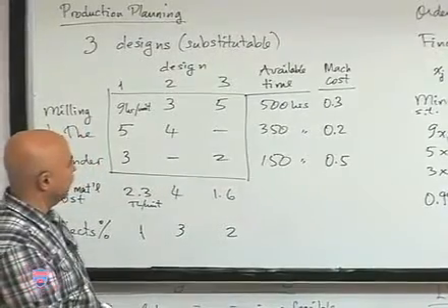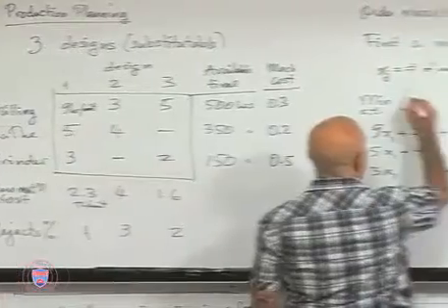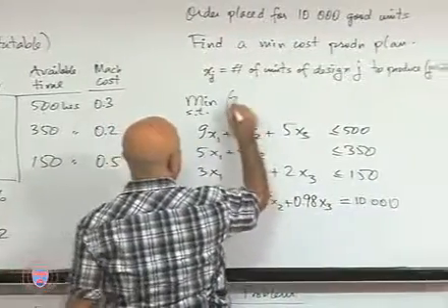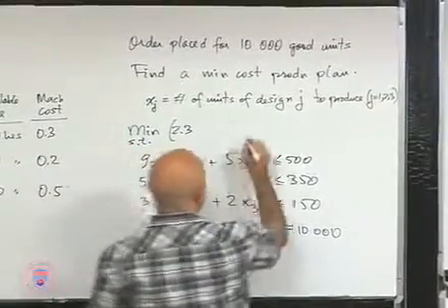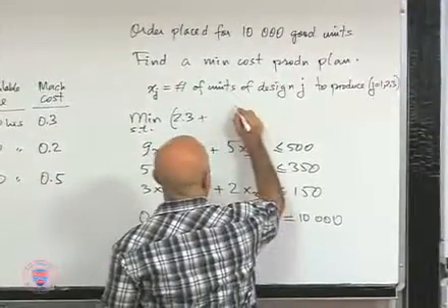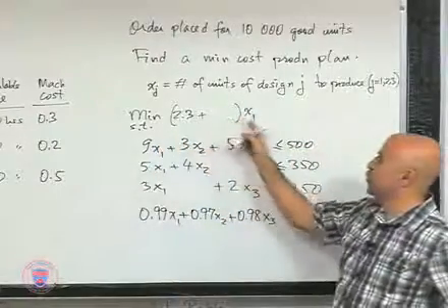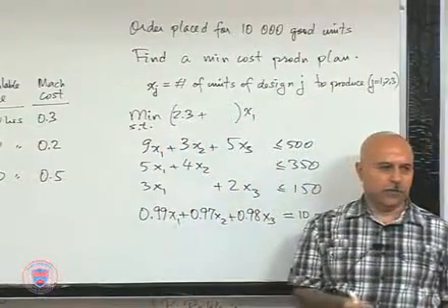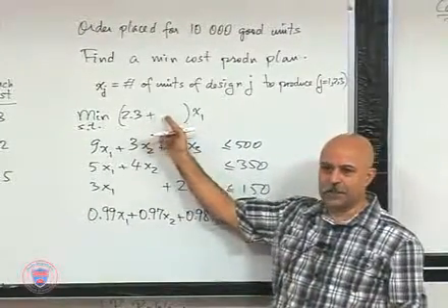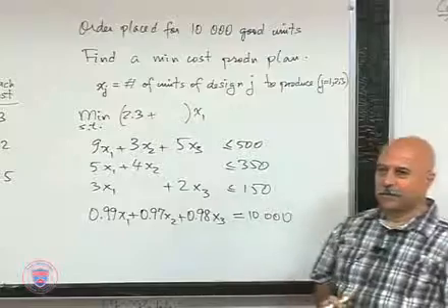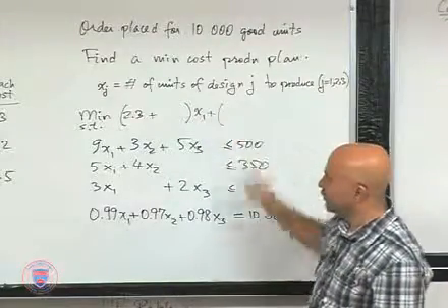So, for example, for design 1, I want to have 2.3 for the material cost per unit, plus something else for the machining cost, and that's going to be the cost per unit of design 1. And I'm going to multiply that with x1, of course. So what is that? That's something that goes in here. Similarly for the other ones.